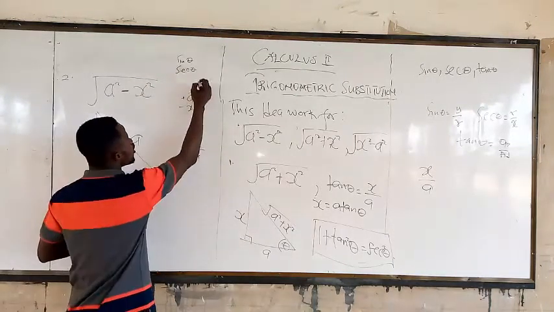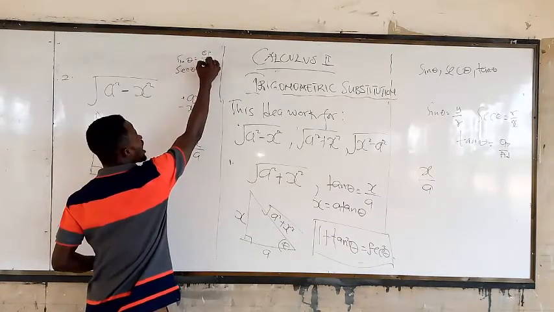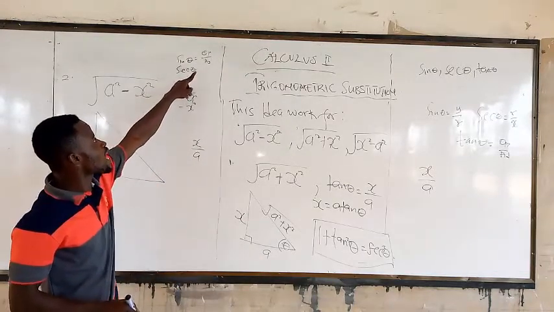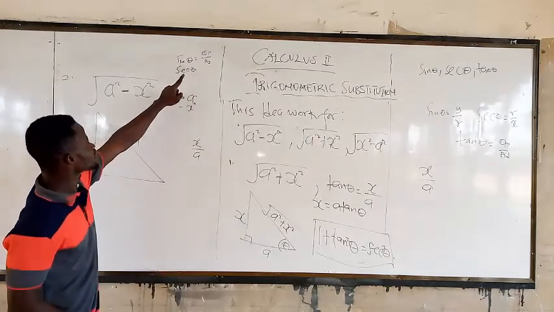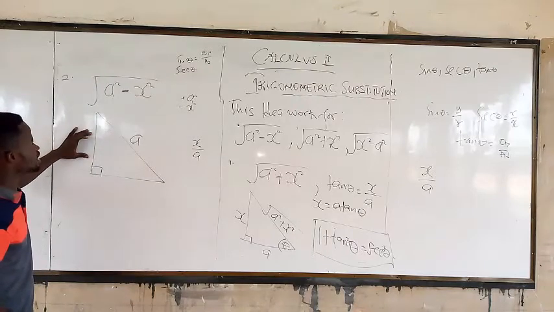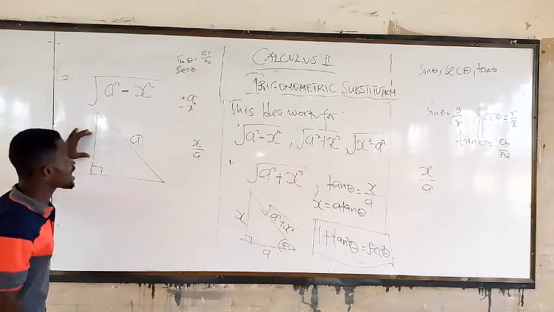Okay. Sin theta is opposite over hypotenuse. So what is the opposite? The opposite is the one coming here, and the hypotenuse is A. Definitely that will work.